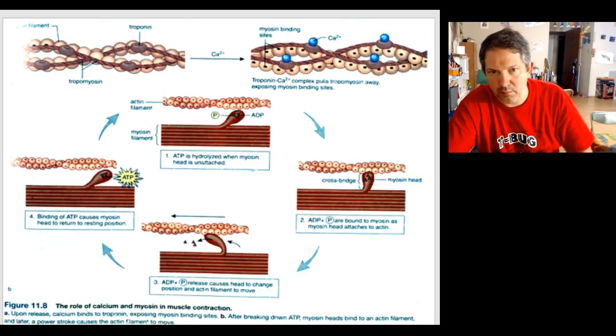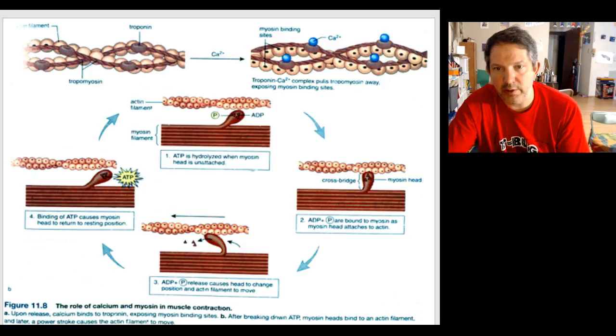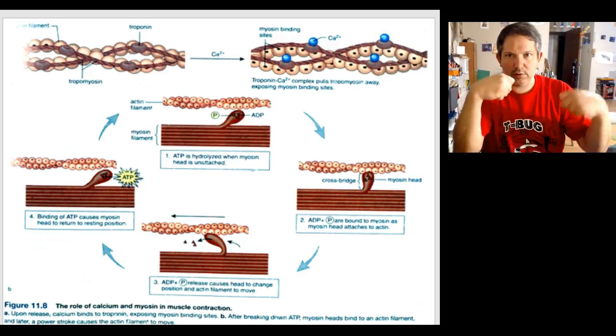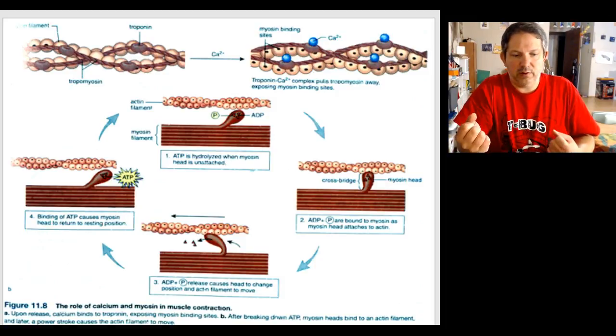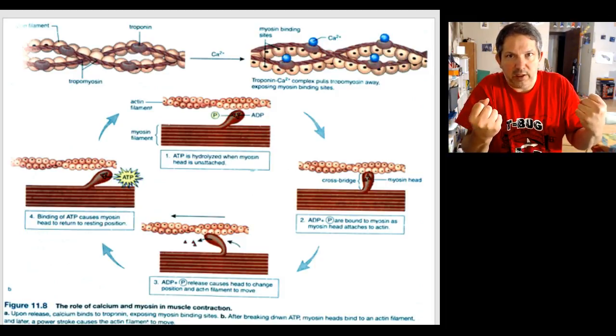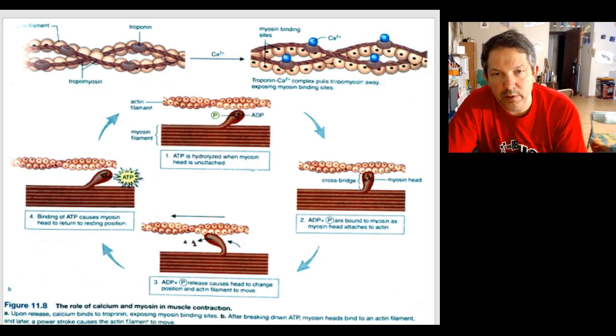And if it grabs on, it's going to start ratcheting the whole time that those binding sites are uncovered. But the calcium gets taken up very quickly, so unless the nervous system signal is still there, saying contract, contract, contract, it very quickly is going to relax.